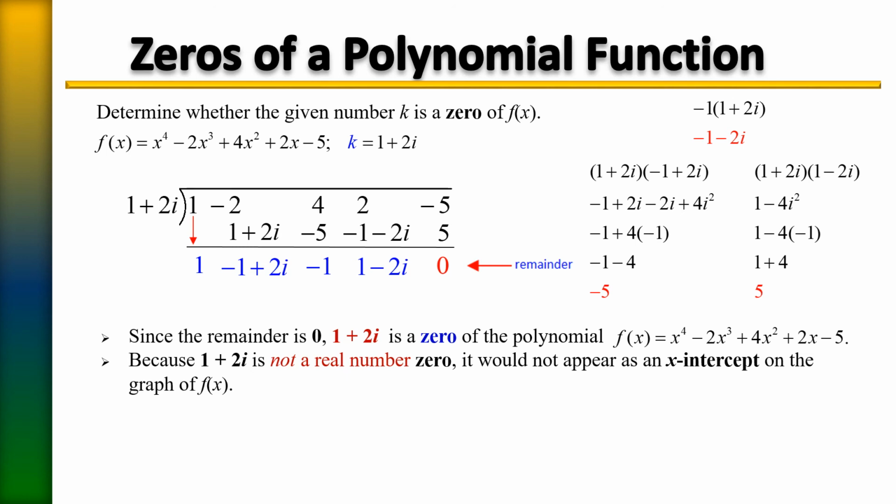It is a complex solution. So the bottom line is, if you wanted to know whether 1 plus 2i is a 0, yes, it is a 0. It's just not a real number 0. It is a complex number 0. But yes, it is a 0 of the polynomial function.